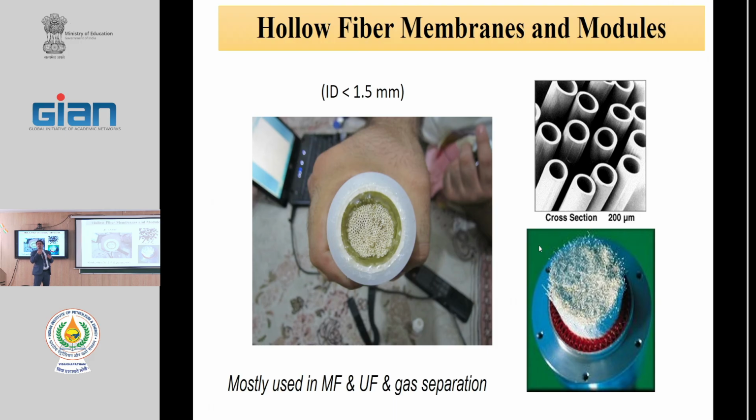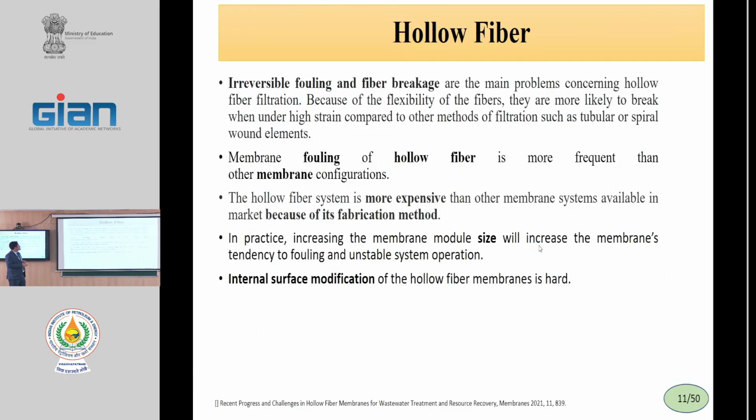We cannot apply high pressure. In high pressure, these fibers can tear and be destroyed. Therefore, the surface area is high, but we cannot apply high pressure. Also, washing and cleaning of the hollow fiber membranes is hard.